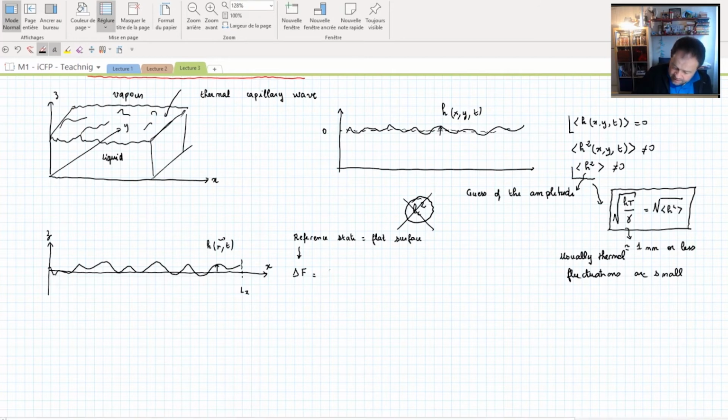So there are two terms. One term is related to the fact that there is an increase of the surface, and one term which is related to the fact that you gain some gravitational potential energy.